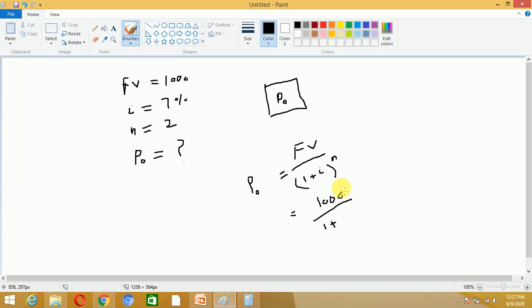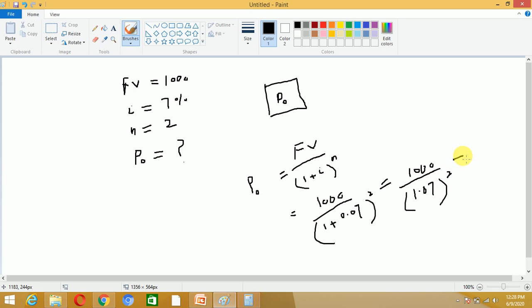What is the interest rate? 7%. So 7% is equal to 0.07, raised to the power n, number of years. See here, it is 2. So it is equal to 1,000 divided by 1 plus 0.07, it becomes 1.07 raised to the power 2.